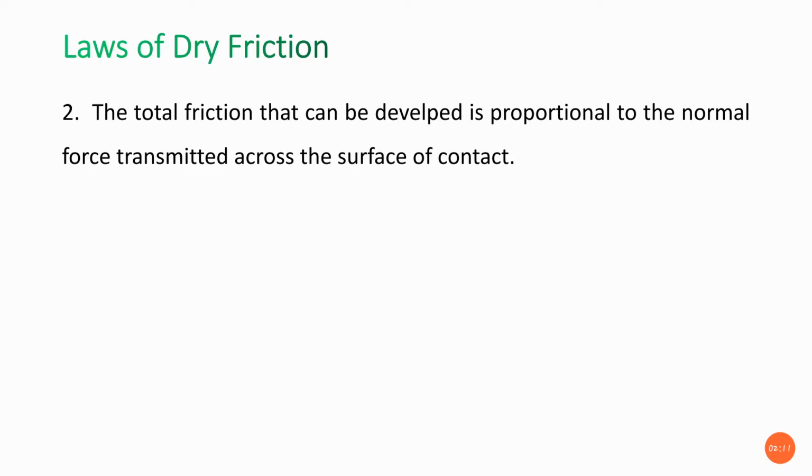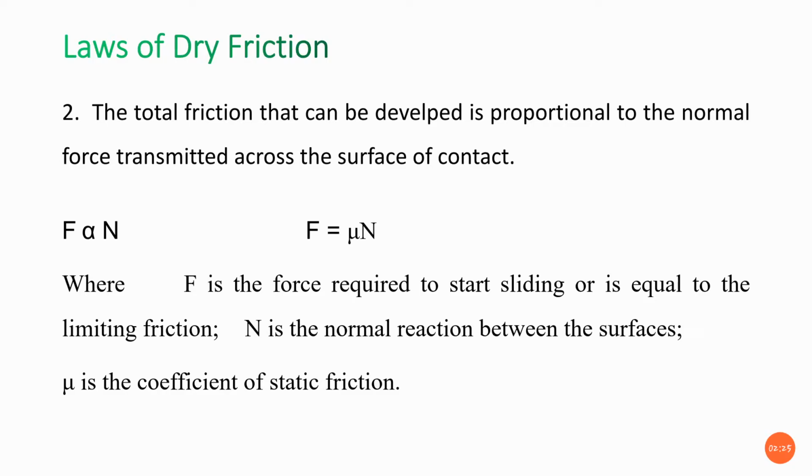So here I will take the second law and see how these forces are directly proportional. The total friction that can be developed is proportional to the normal force transmitted across the surface of contact. The frictional force is directly proportional to the normal reaction.